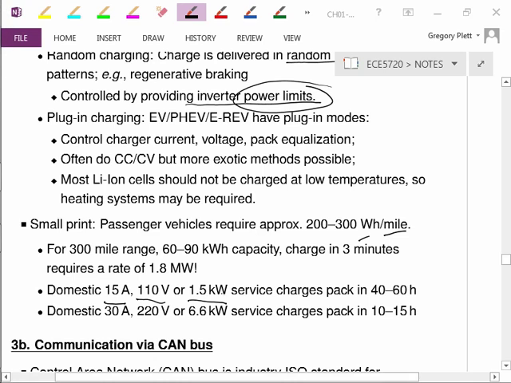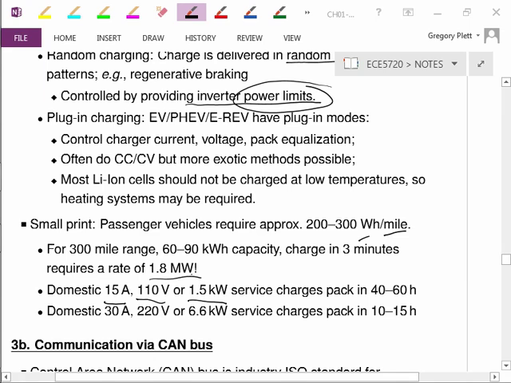So 1.5 kilowatts versus 1.8 megawatts. That is 1/1000th of the power capability of charging in 3 minutes. So it's going to take about 3,000 minutes or more to charge on just a regular 110 volt AC circuit. So it would take about 40 hours to 60 hours to charge that battery pack on that circuit. That's just not going to work. That's not going to be okay.